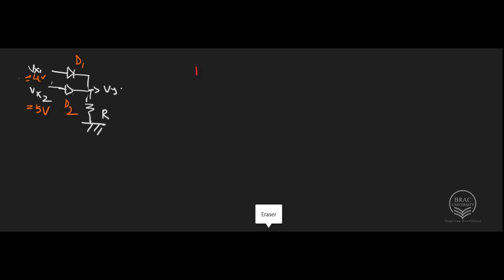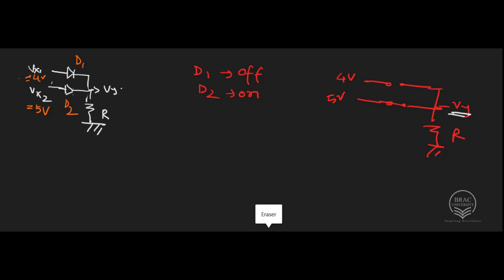So this time I am assuming that D1 is off and D2 is on. If this is the case, then I can represent D1 with open circuit and D2 with short circuit. So this is 4 volt, this is 5 volt, and this is our resistance R, output terminal Vy. Now for this circuit, as you can see, Vy is directly shorted to 5 volt.